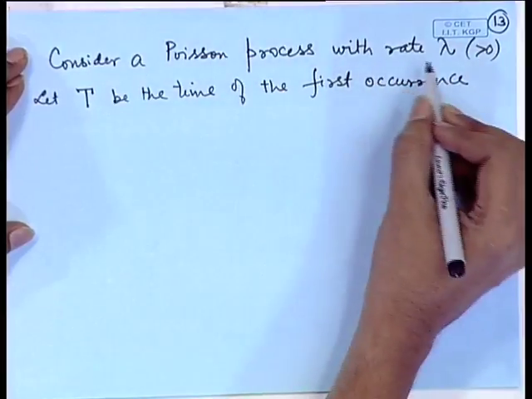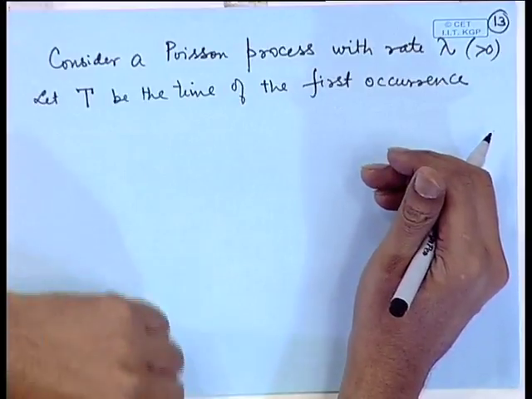We know that it is a Poisson process, so the number of occurrences will follow a Poisson distribution. At some point of time we start observing the process. For example, we go and stand at a ticket counter of a certain cinema, and then we want to see when the first customer arrives. Suppose I am a traffic police person and I go to my designated traffic crossing. Now, when I am standing there, I start observing when the first accident takes place.